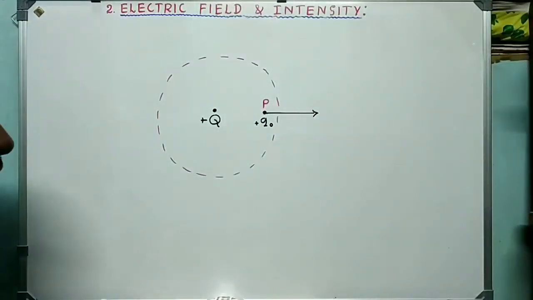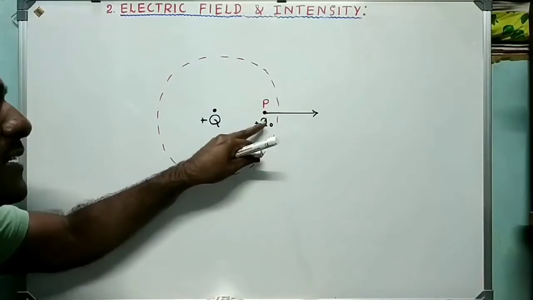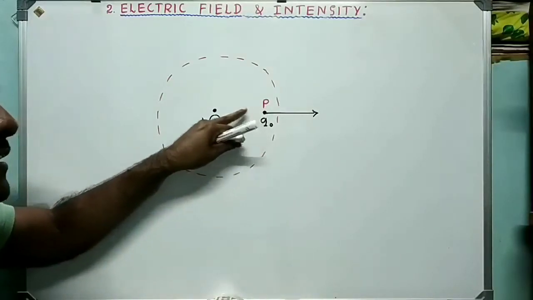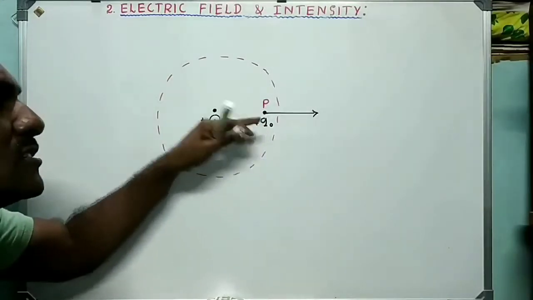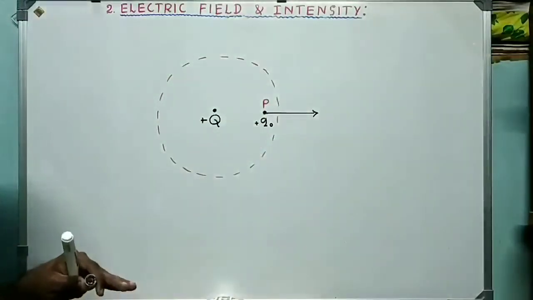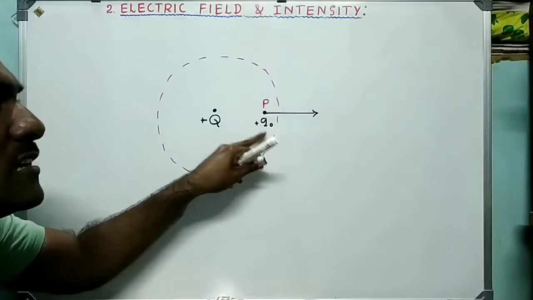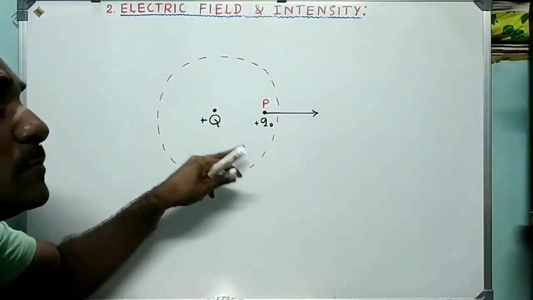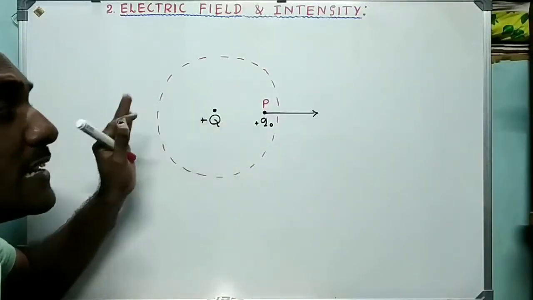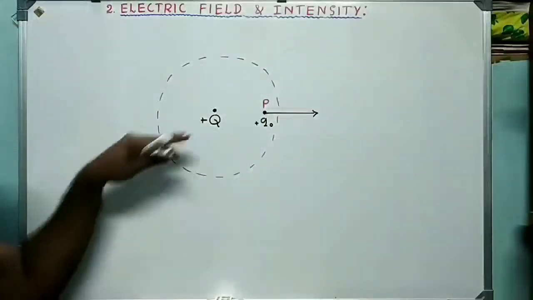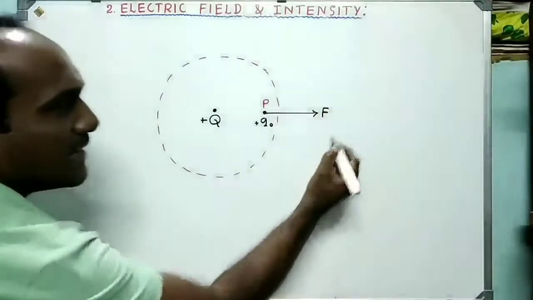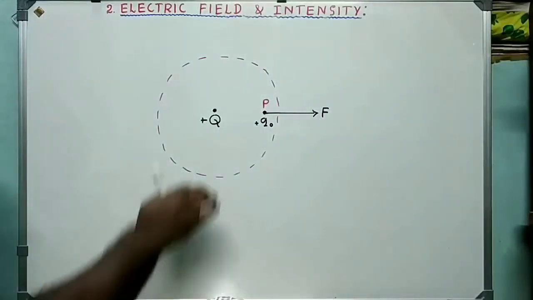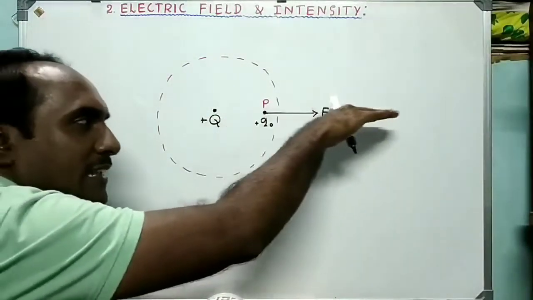Here, when you place the test charge at a point P, then this plus Q point charge repels the test charge in this direction. That means the Q0 test charge is experiencing the electrostatic repulsive force in this direction. Getting the idea?